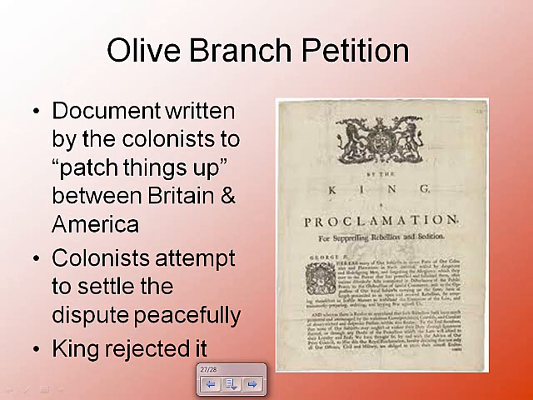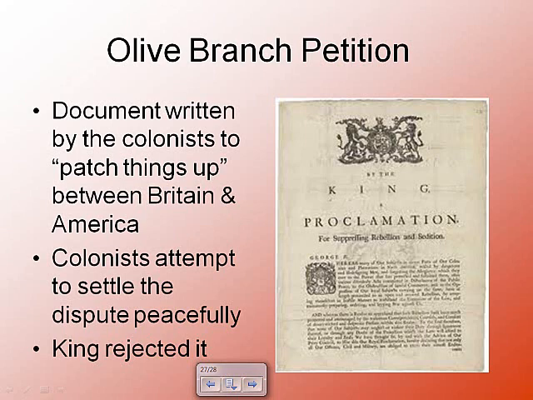The colonists attempted to settle the dispute peacefully, and when King George gets this, he is flabbergasted by the idea. They have already killed 70 of his troops at Lexington and Concord, and the king does not accept their peace treaty. Which basically means the next event that takes place will be both countries, Great Britain and the colonies, starting to prepare for war.